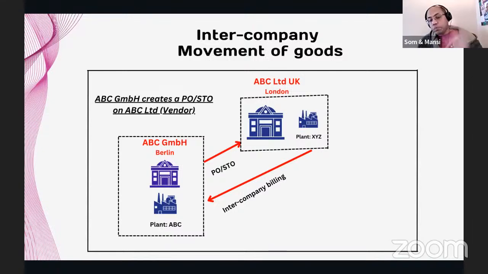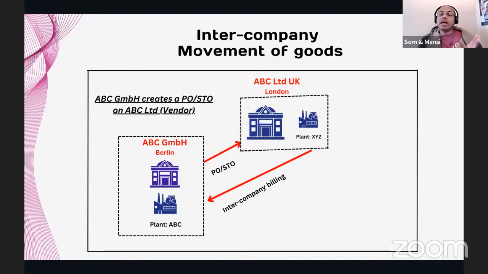This is not a direct shipment. ABC GmbH is not shipping the products directly to the customer. Instead it is doing stock replenishment, because it is running low on material. It is placing a purchase order or a stock transport order on ABC Limited UK to get the products in their plant or warehouse.